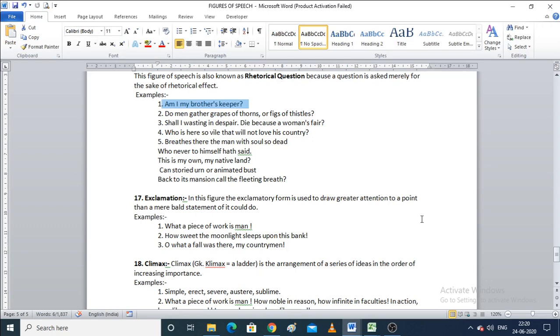Now, "What a piece of work is man!" What a beautiful statement, right? So when they are saying that man is a beautiful piece of work by God, they wanted to grab attention, and hence they have used an exclamation mark at the end.